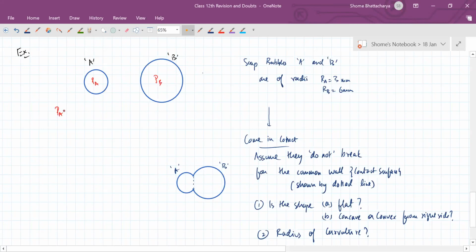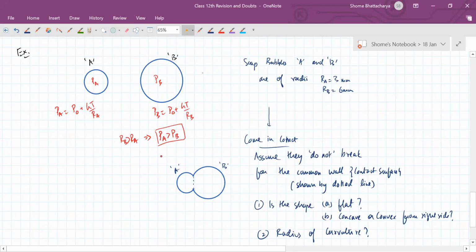So PA is atmospheric pressure plus 4T by RA, because it's a double walled soap bubble. Pressure inside B is atmospheric pressure plus 4T upon RB. Because RB is greater than RA, the pressure inside A is more than the pressure inside B.